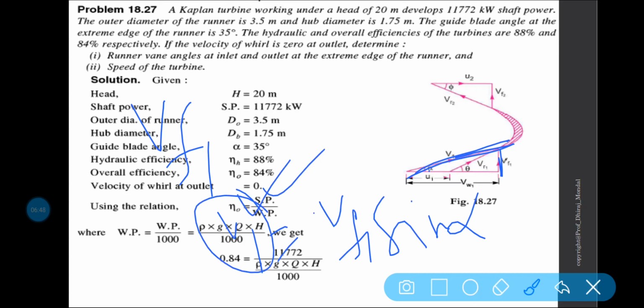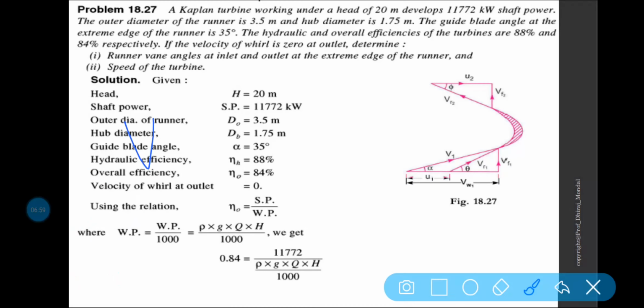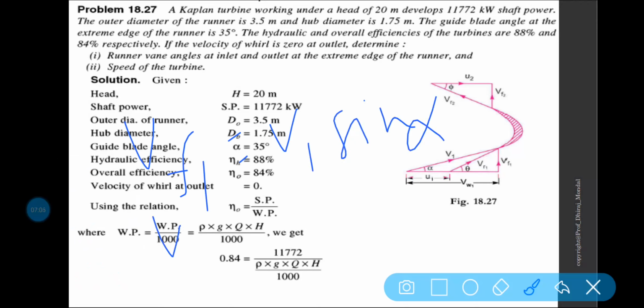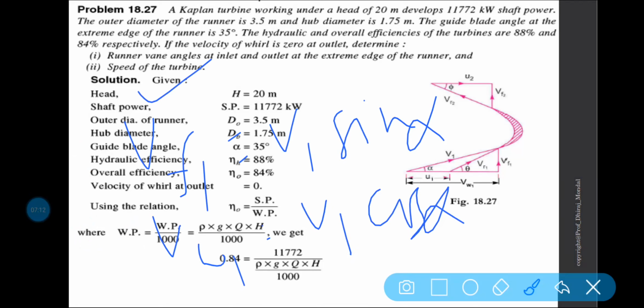If I get v1, then I can get vw1 easily, because vf1 is equal to v1 sin alpha, and vw1 is equal to v1 cos alpha.